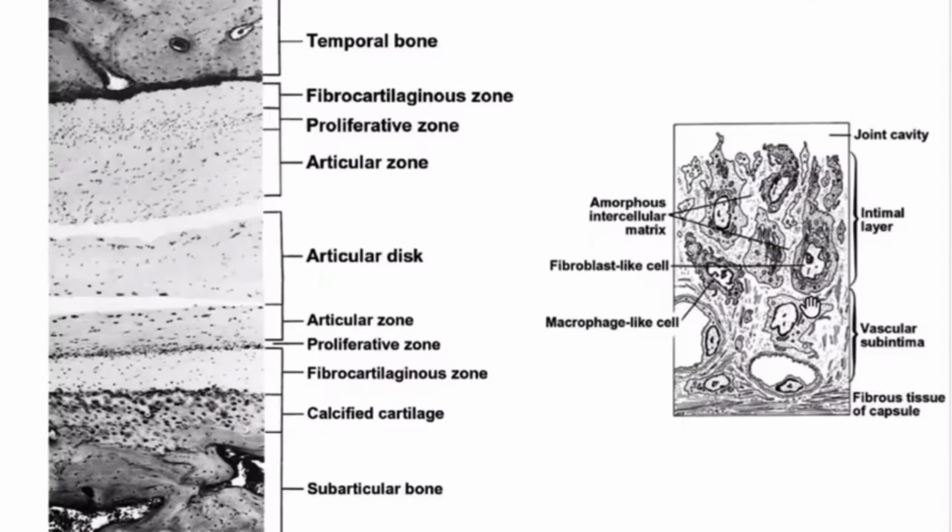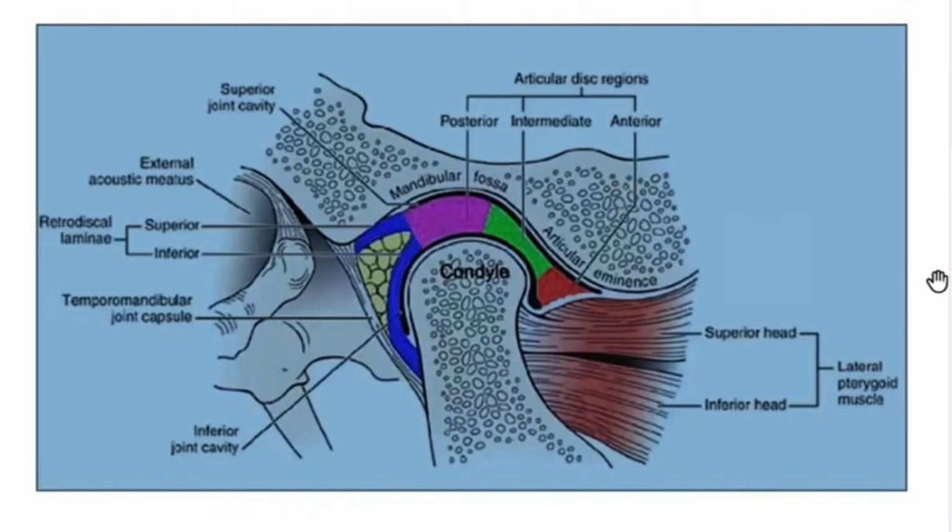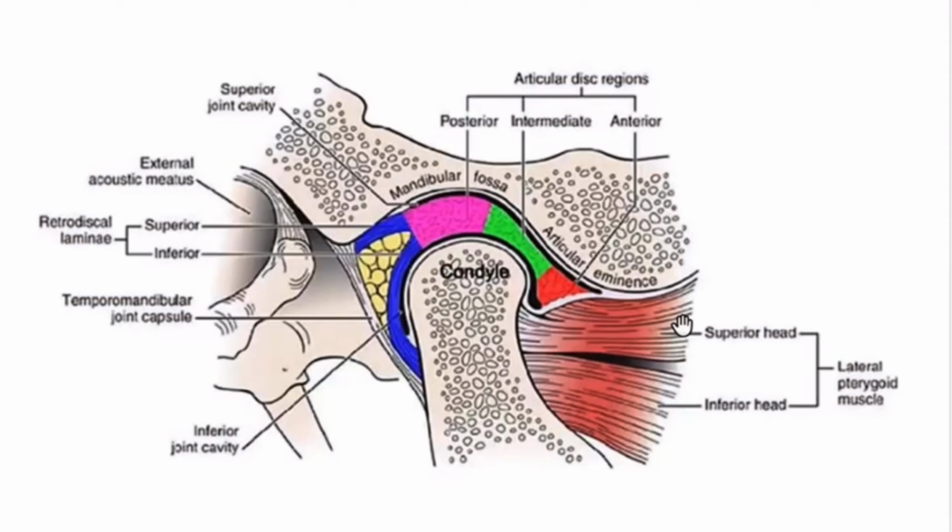It is a colorless, transparent, viscous liquid derived from blood plasma. It's a dialysate from blood plasma with a high concentration of hyaluronic acid, to make the cushion effect.